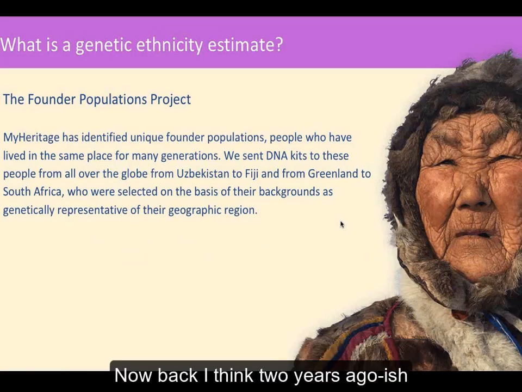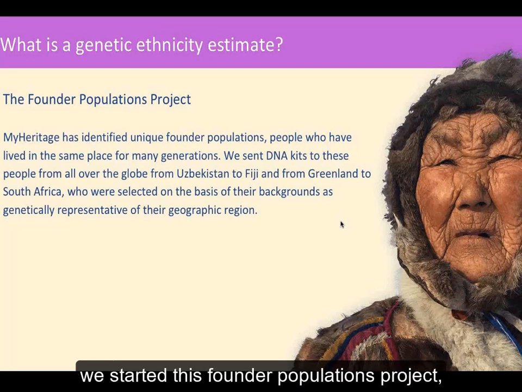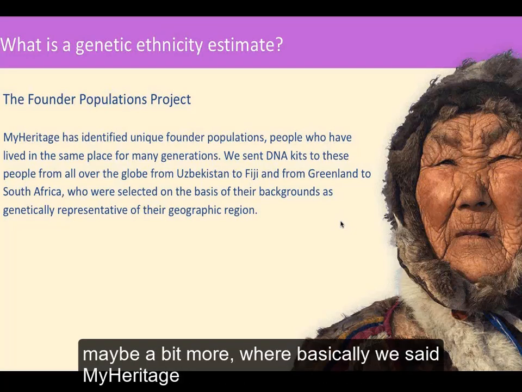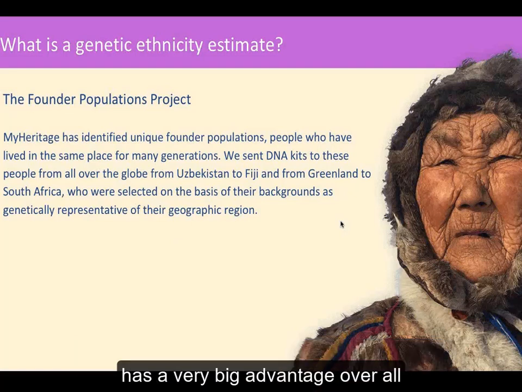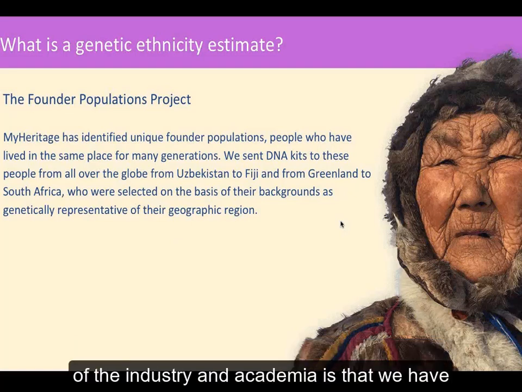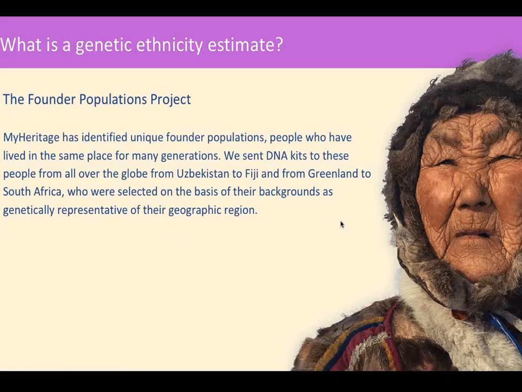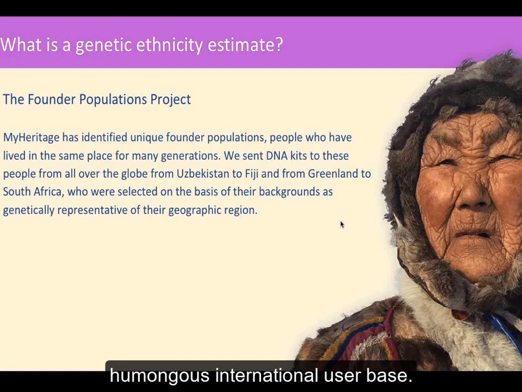Now, I think two years ago-ish, maybe a bit more, we started this founder populations project, where basically we said MyHeritage has a very big advantage over all of the industry and academia: we have a humongous international user base.